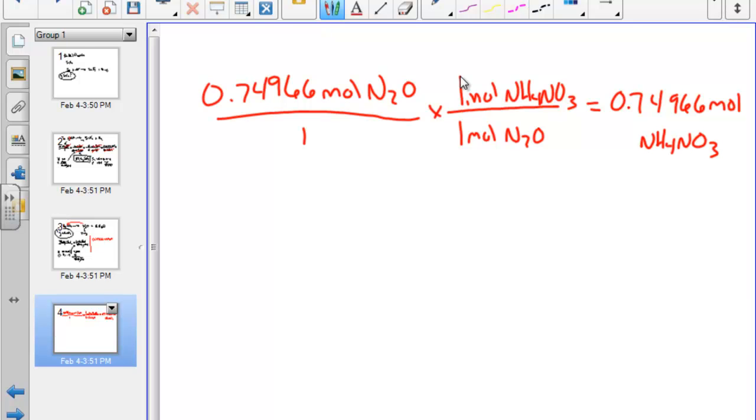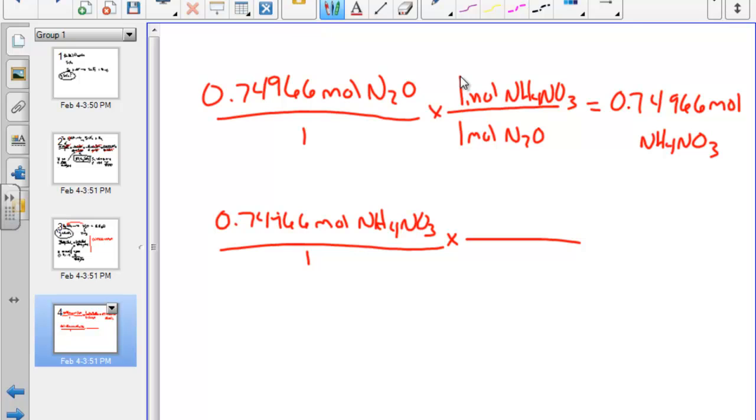All right. But the question was how many grams, okay? So I need to go from moles to grams. So I have 0.74966 moles NH4NO3, and I've got to figure out the molar mass of that.